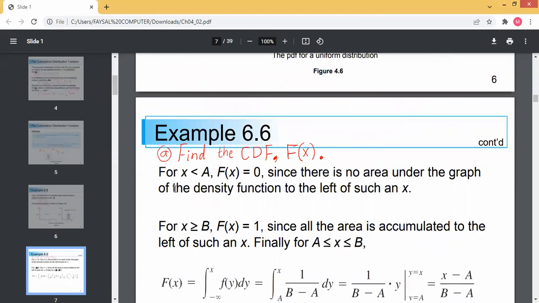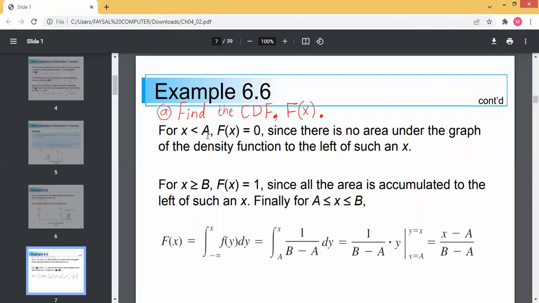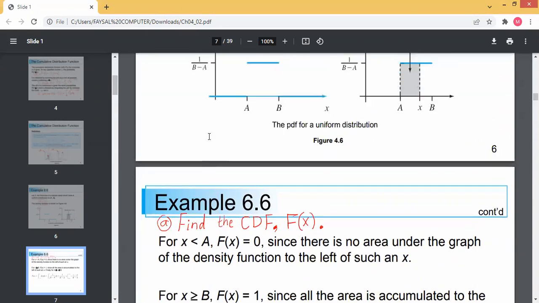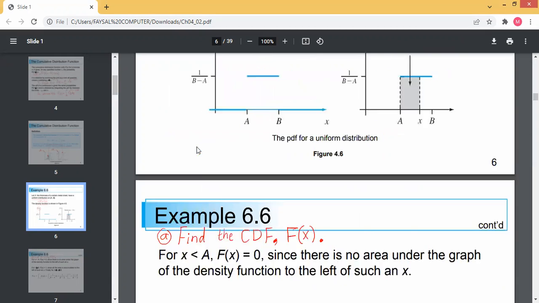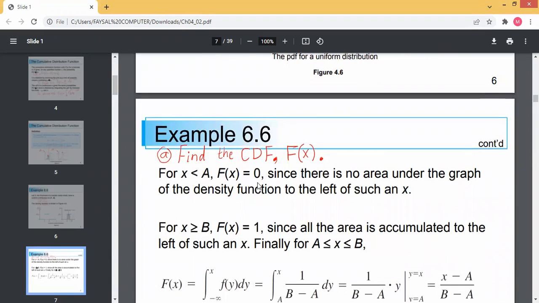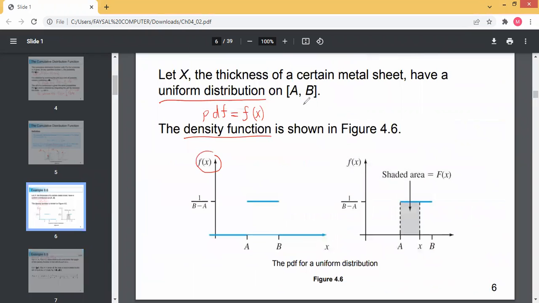So for the given, consider x less than a. If the value of x is less than a, what does this mean? That the function of x equals 0. So if the x value is less than a, my function value will be equal to 0.